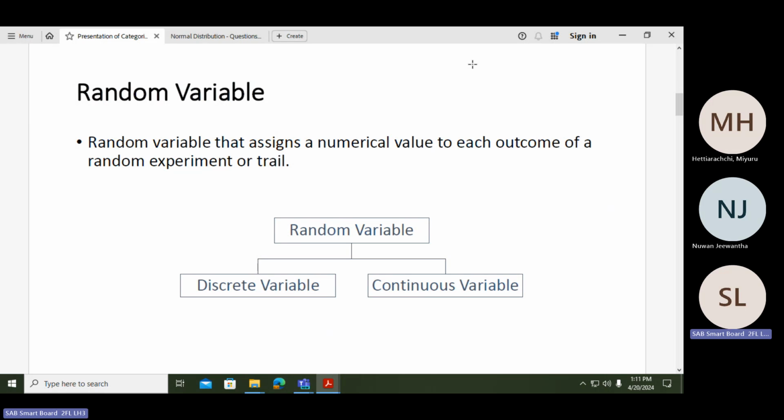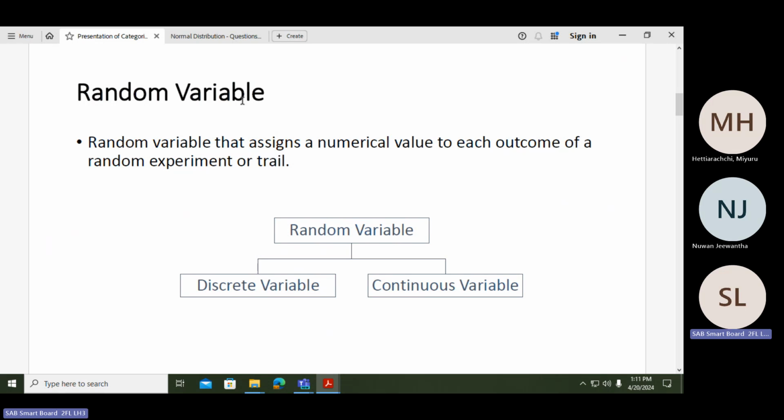Variable means what? Any measurable characteristic. We call that the variable. Then in here we identify the random variable.